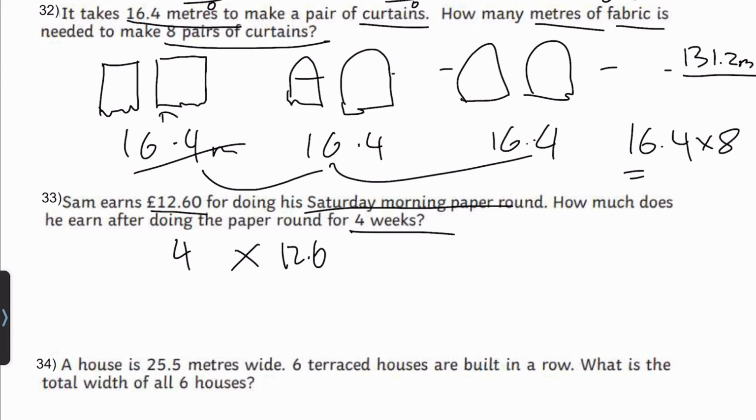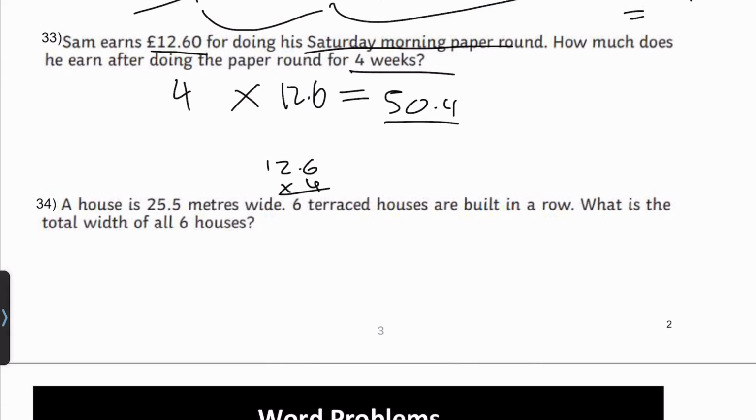Or you could just times it by 4, which is going to equal 50.4. If you do that with long multiplication, the same way as we just did it up here, you're going to get the same result. And that's going to be your answer.